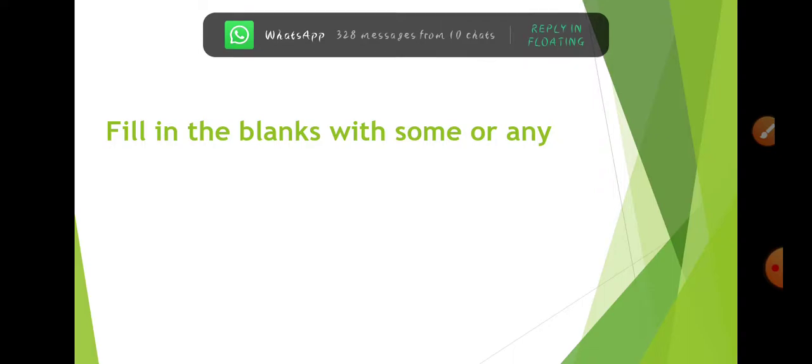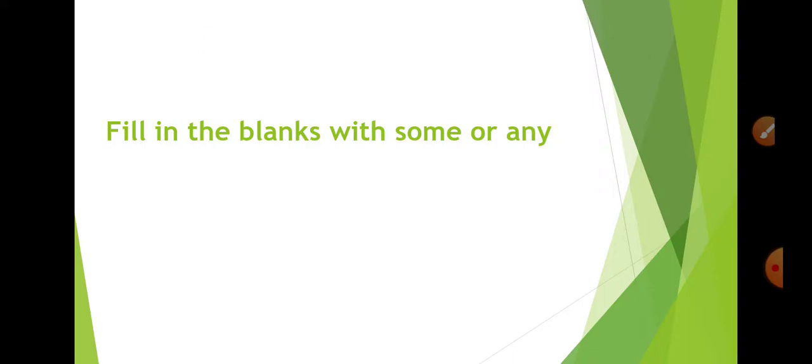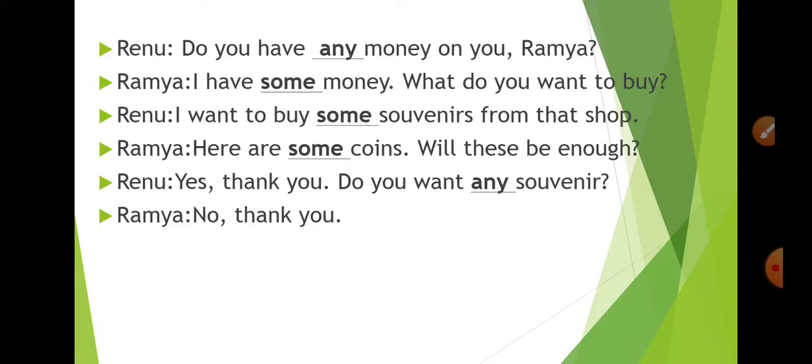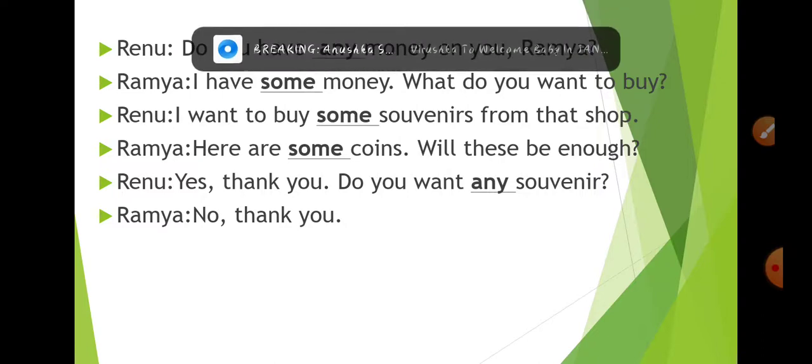In this part, we will be solving fill in the blanks with some or any. So, some or any are which type of determiner? They are the quantifiers, okay? So, Renu, do you have any money on you, Ramya?